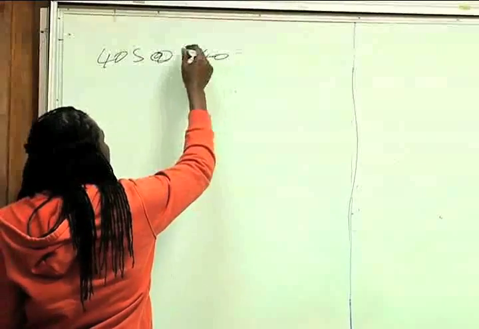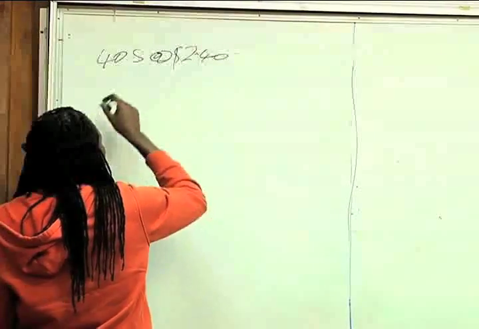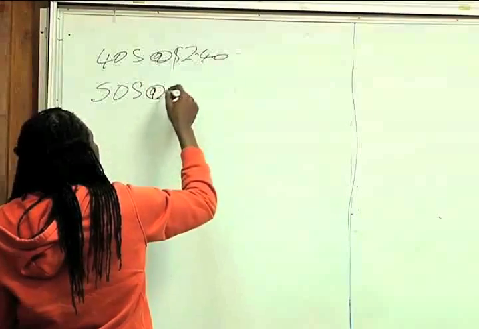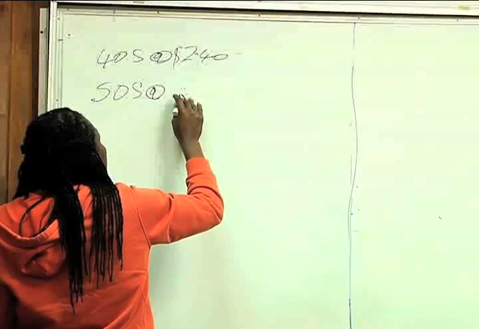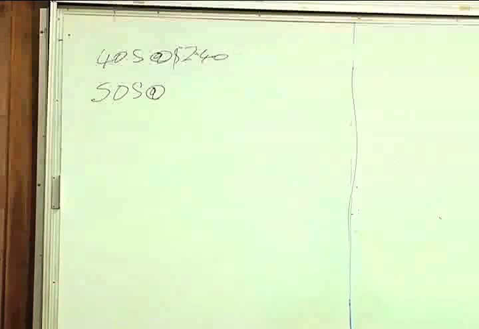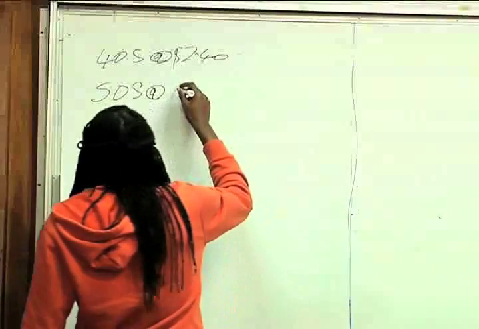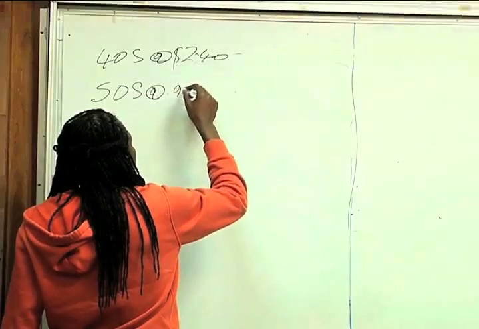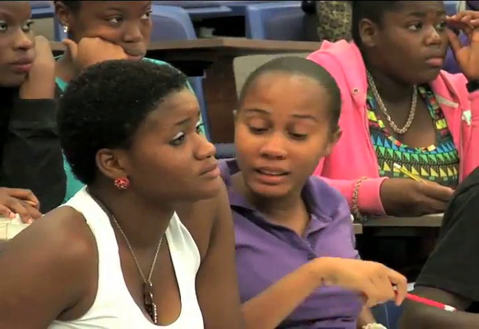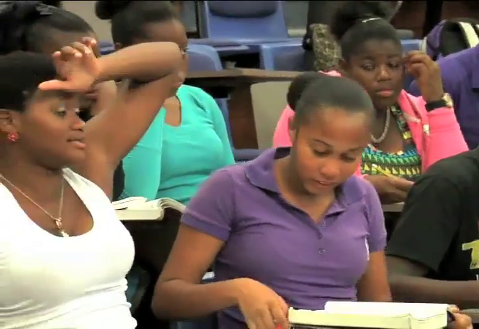We have 50 tin at 90 cents. 50 tin of soup at 90 cents. And 60 tins at $3. 60 tin of soup at $3.